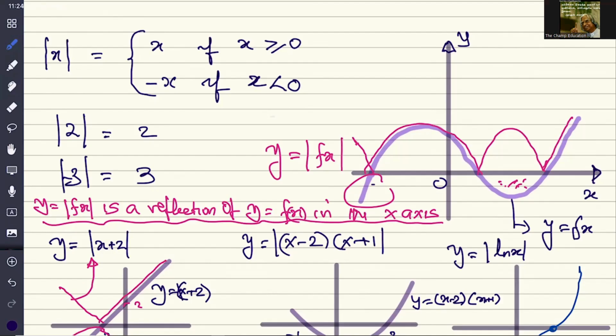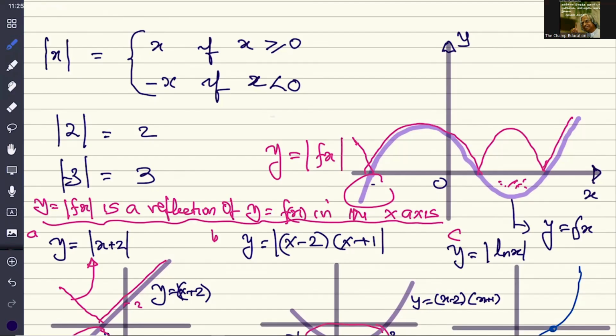Then there's a quadratic graph here. This is A and that is B and that is C. If you look at that, y equal to modulus of x minus 2 multiplied by x plus 1. Therefore, you can see it's a quadratic. So the graph will be something like this. That is the actual graph. It's not a modulus graph. So as I said to you before, this only reflects these parts.